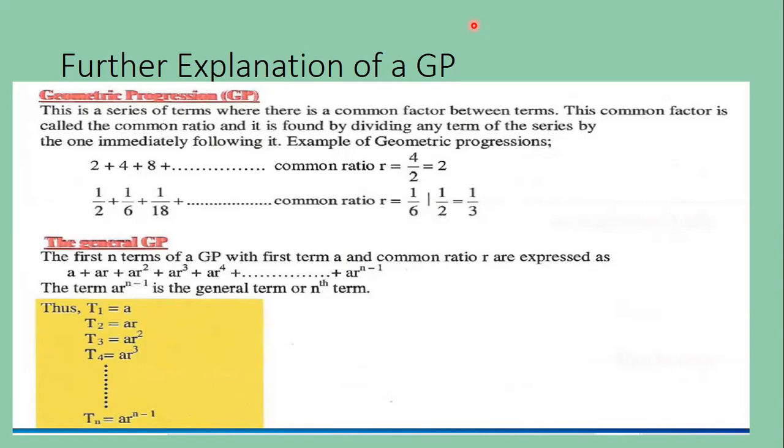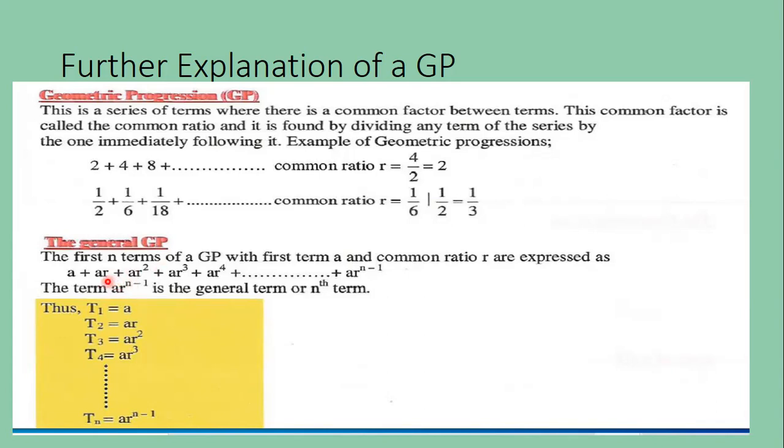Okay, so on the general GP, pay particular attention. The first term is always A. The second term is A times R. The third term is A times R power 2.